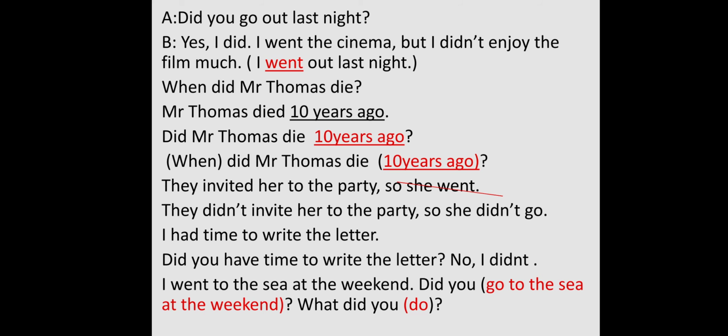Look at this sentence. I went to the sea at the weekend.